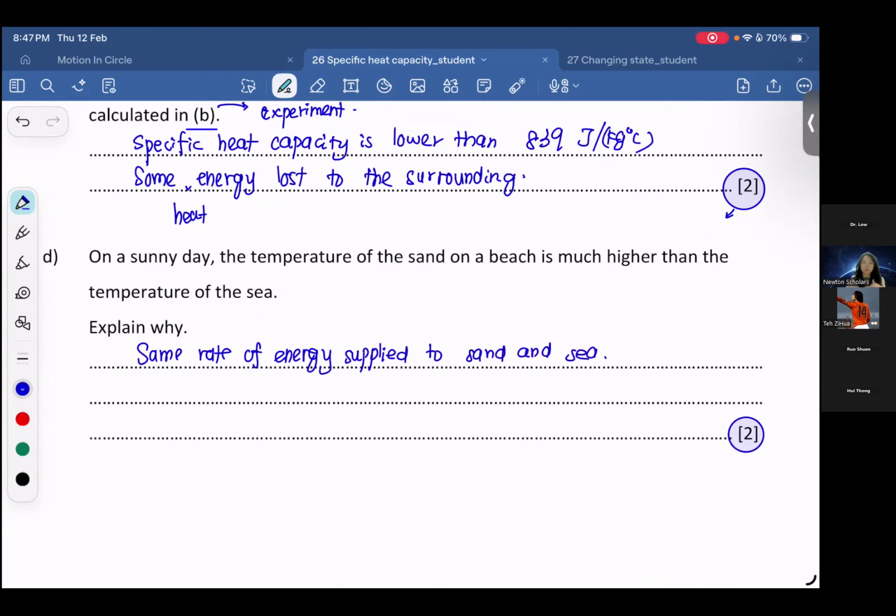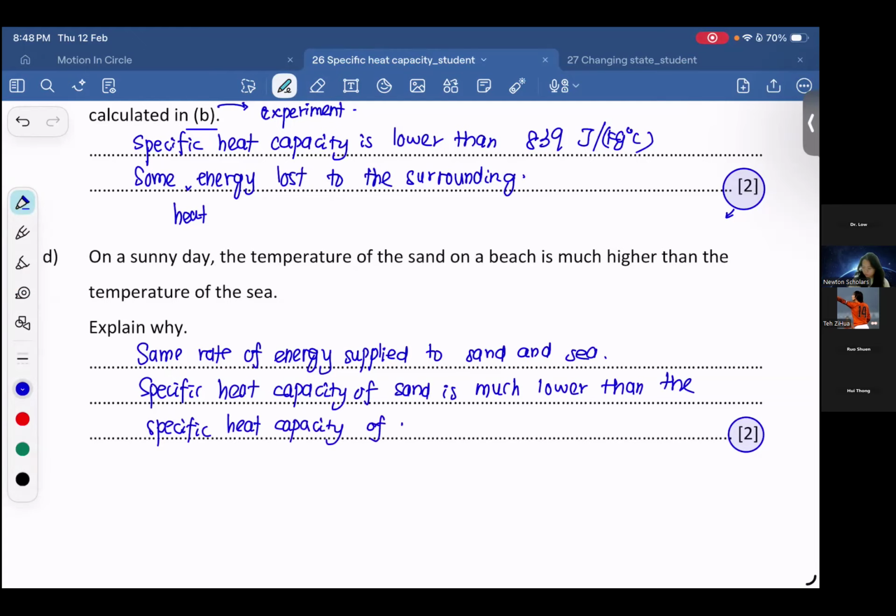They receive the same amount of heat energy, but the specific heat capacity of sand is much lower than the specific heat capacity of water.